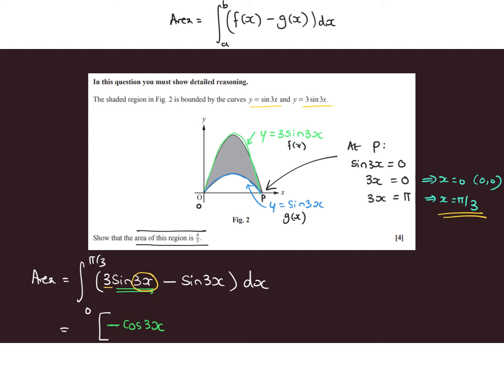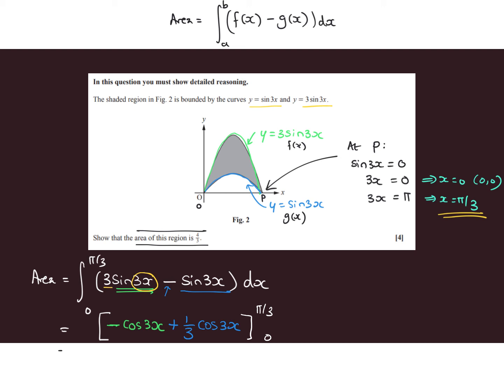Now for the next part, over here, sine 3x will integrate to minus a third cos 3x. So this minus sign here will become a positive. So we'll get positive 1/3 cos 3x. And all of this has got to be evaluated between limits of pi by 3 and 0.